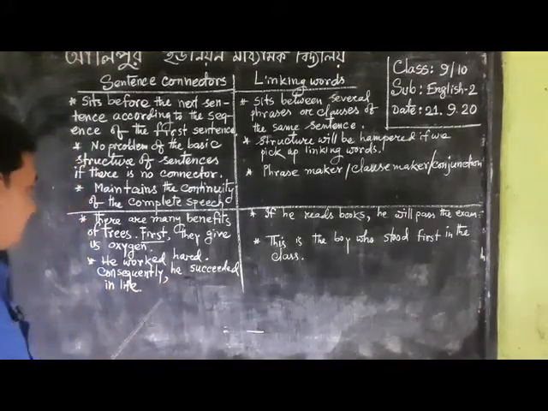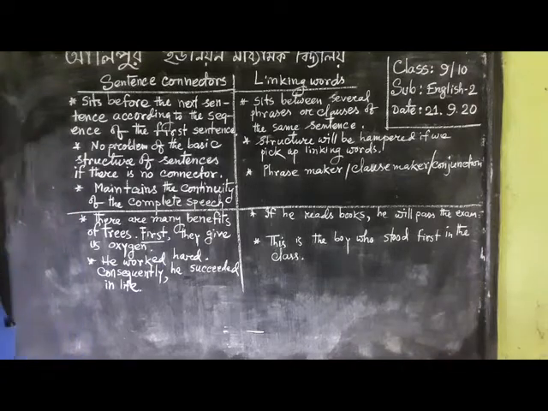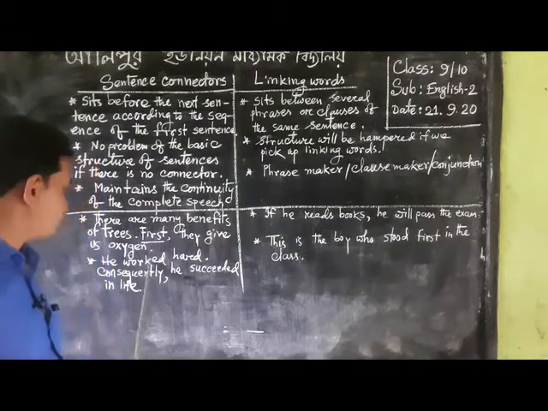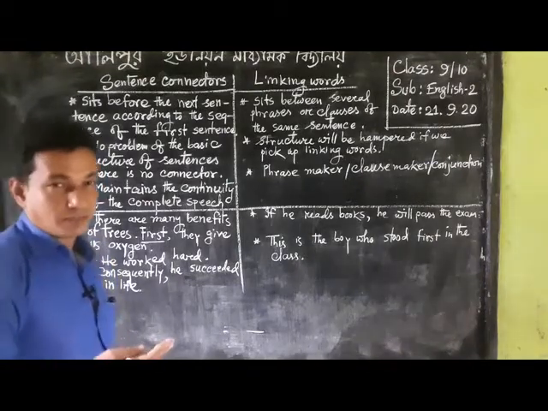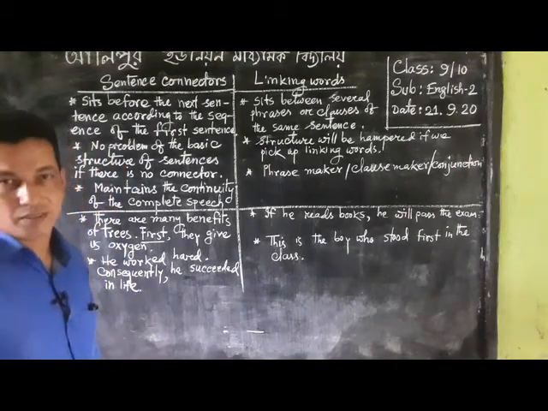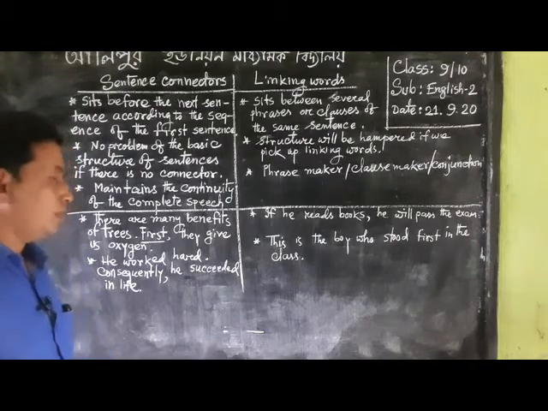he succeeded in life. Here also we can see two sentences. The first sentence, he worked hard, and the second sentence, consequently, he succeeded in life. Suppose we discard consequently, there will be no problem with these two sentences because they can express their meaning separately without the help of the connector.